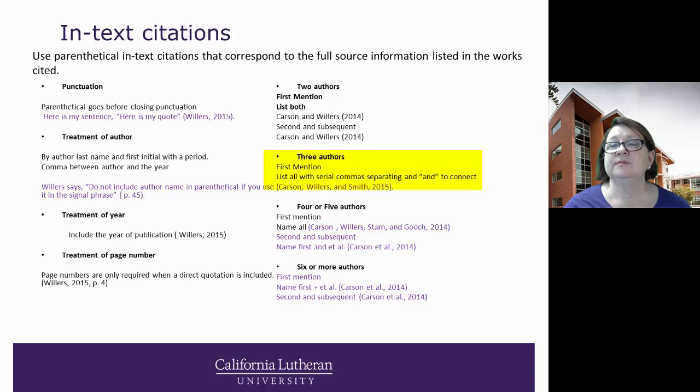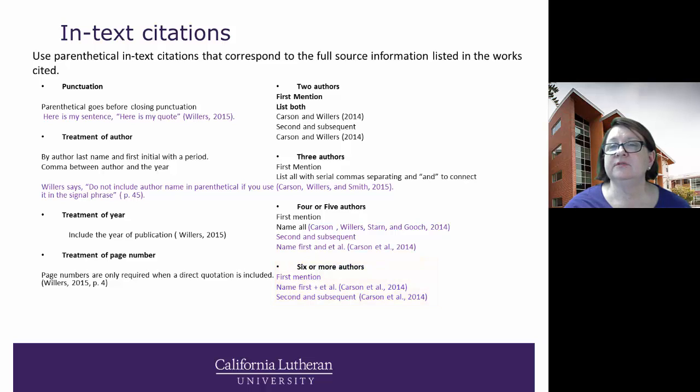You list all. With 4 or 5 authors, Carson, Willers, Starn, and Gooch, the first time, but every time after that, it's just Carson et al. The same thing, well, not exactly the same thing, but with 6 or more authors from the first mention, it's just the first author. If there's 6 or more authors, you don't have to list them all, even the first time.